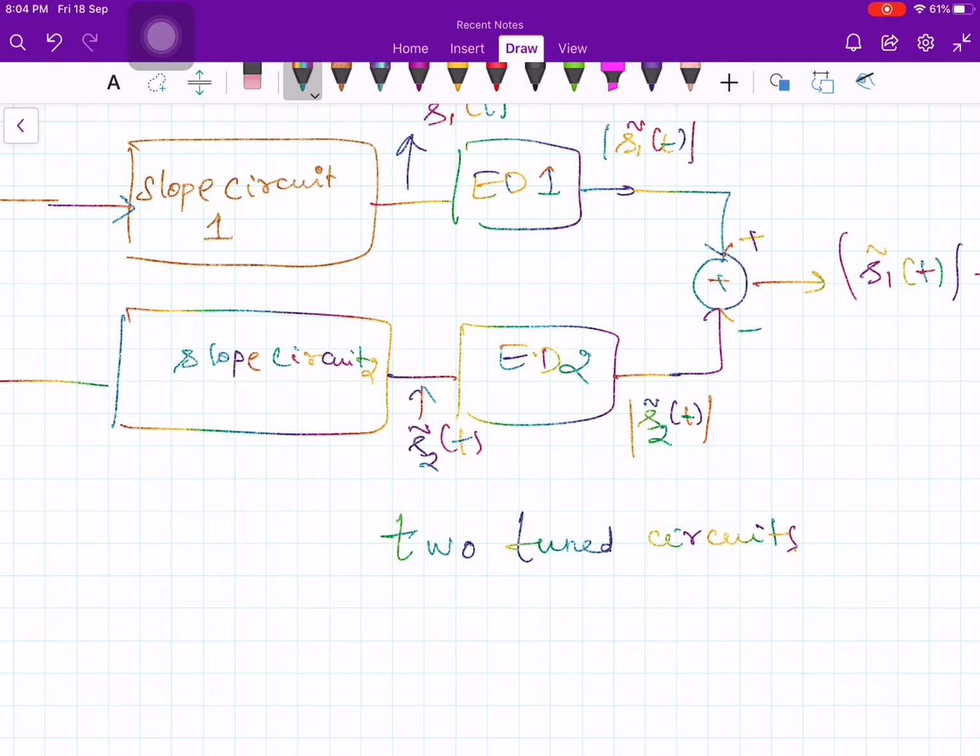That's all that we had. And that's what this mathematical theory now precisely explains: why the difference in the envelope of the two would be your recovered demodulated output. So I hope things are falling in place and you have a fairly good understanding of how this stagger tuned balanced frequency discriminator works. Okay, so this is the basic theory.